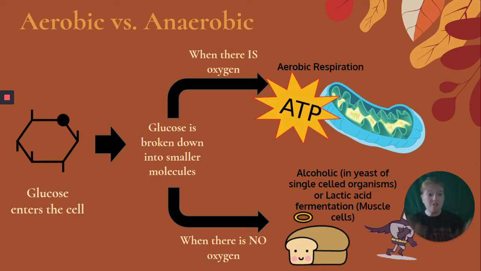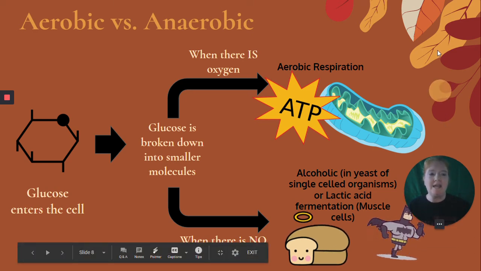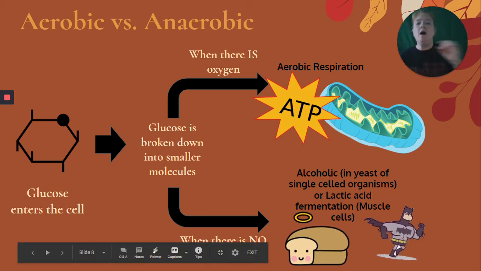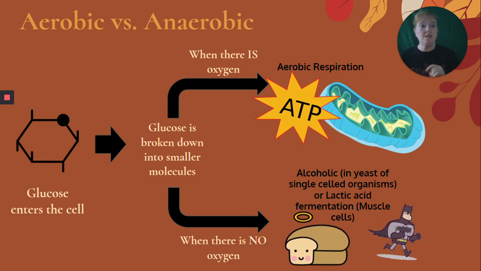Okay, now some other words. Aerobic and anaerobic. Aerobic means requires oxygen. Anaerobic means does not require oxygen. So here's what happens. Glucose comes into the cell, and glucose is broken into smaller molecules. Remember, in the cytoplasm, okay?